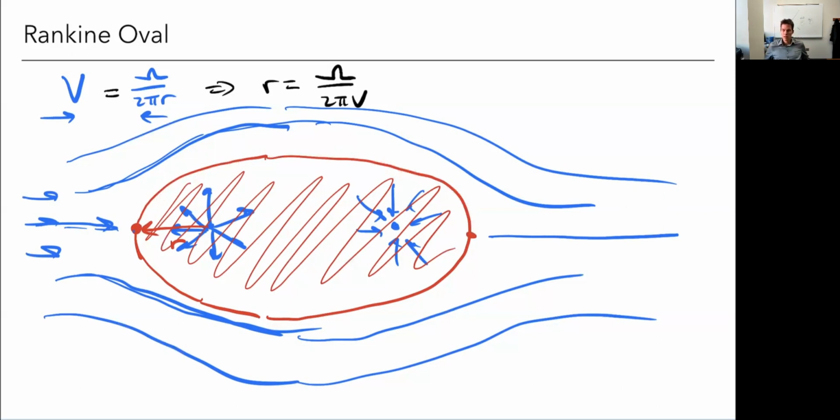So in other words, I can now compute the velocity everywhere around this oval shape. I can get the pressure and so on. I can figure out the forces. I can get my entire flow field just by superimposing a couple singularities that have these analytic formulas that I can very easily calculate the flow field anywhere I want.